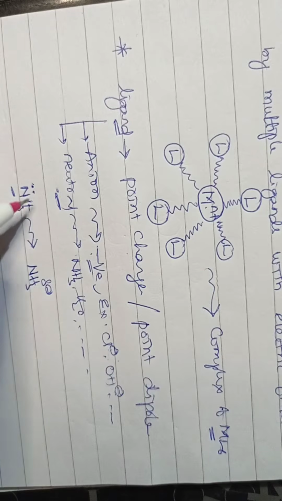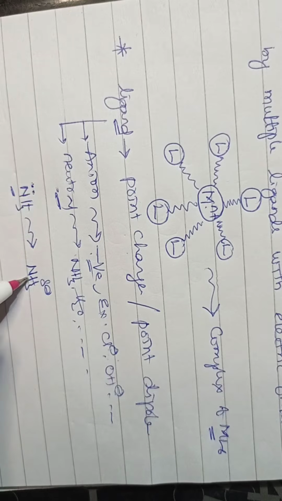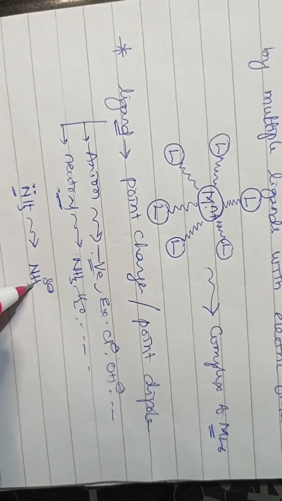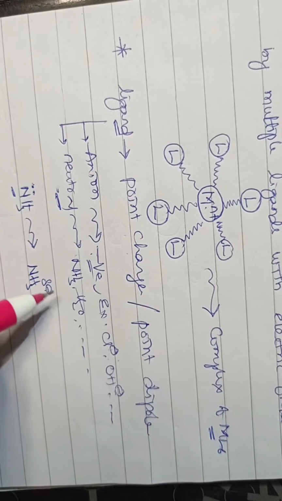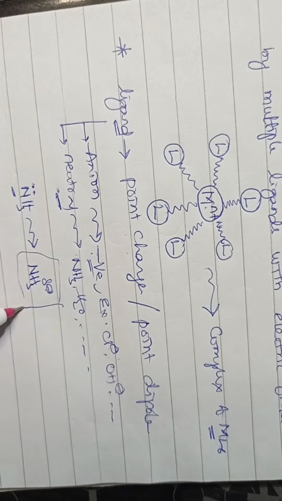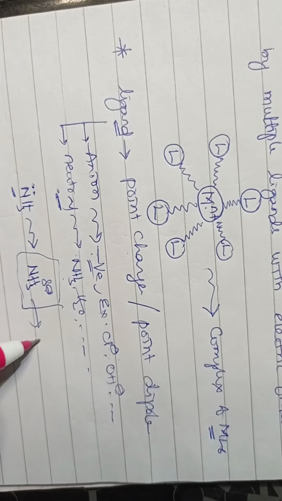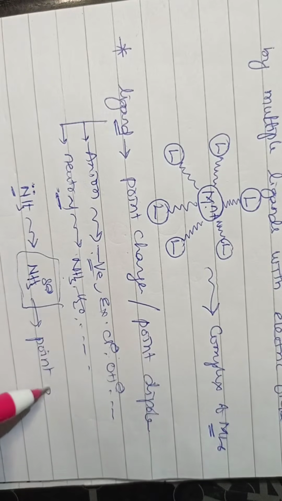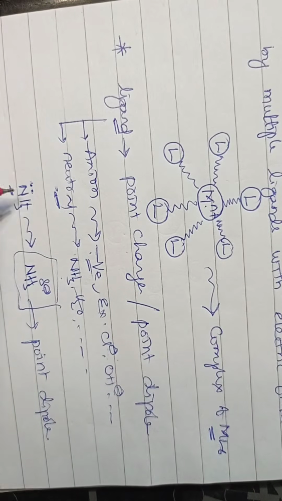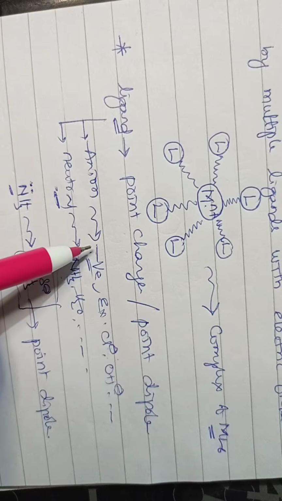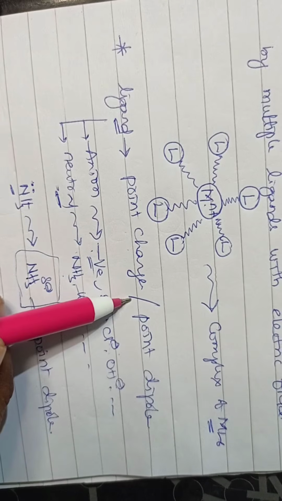From this point of view, neutral ligands are considered as point dipoles, and anionic ligands are considered as point charges.